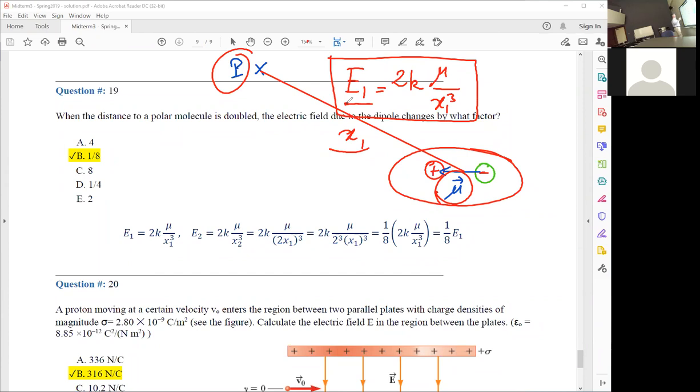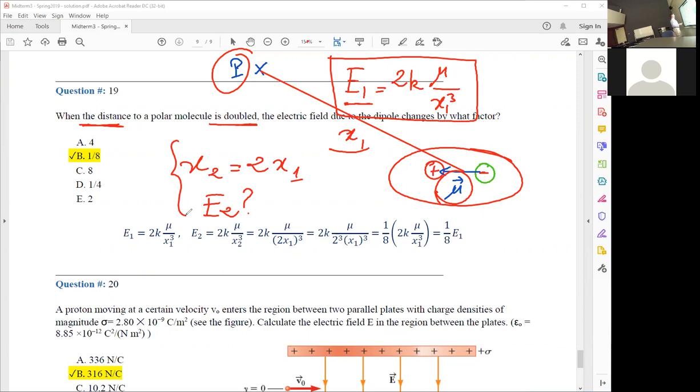Now, what happens if the distance is doubled? If I double the distance, which means x2 is now equal to 2x1, what would happen to the electric field E2? That's what the question is asking.